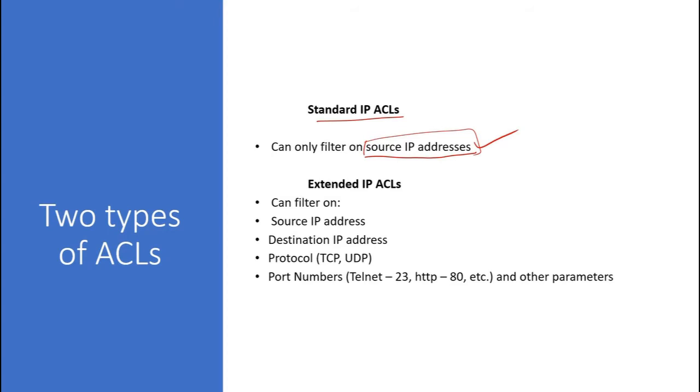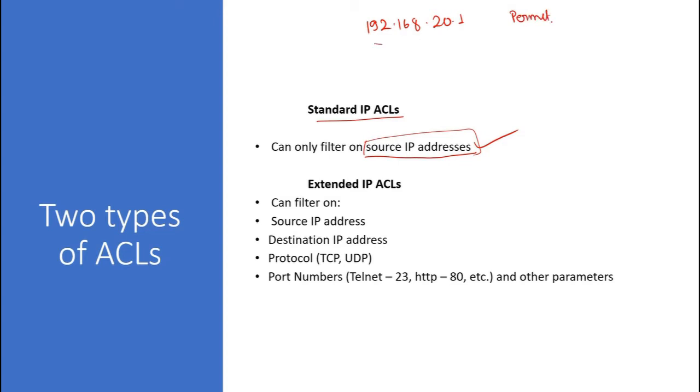It can filter only based on the source IP address. It means that if you are creating a statement, it has two columns, like the IP address, 192.168.20.1, and after that the next column, that is permit or deny.